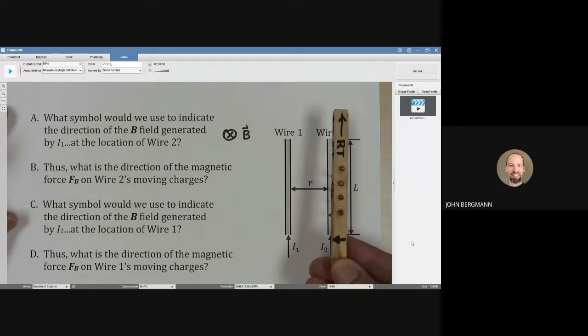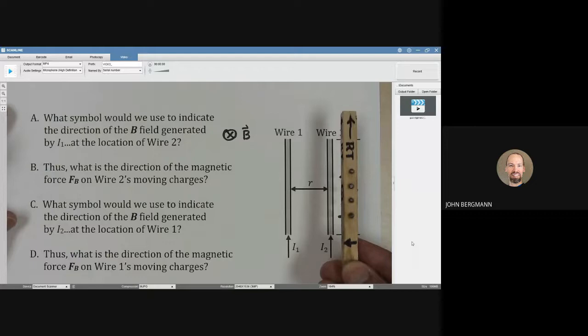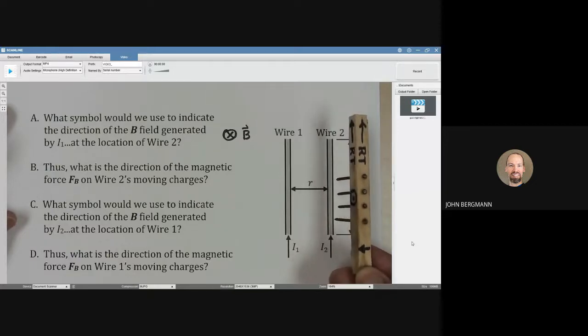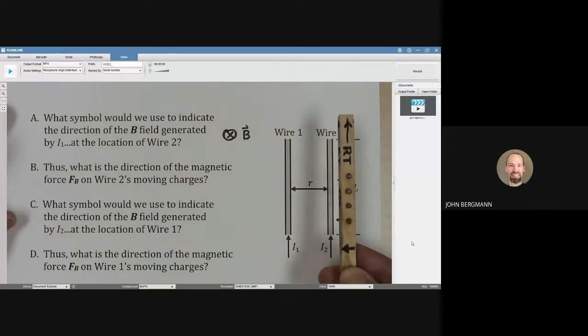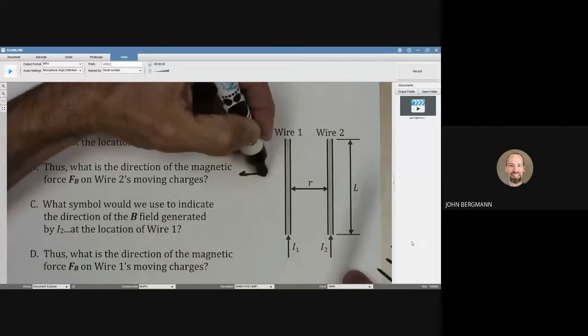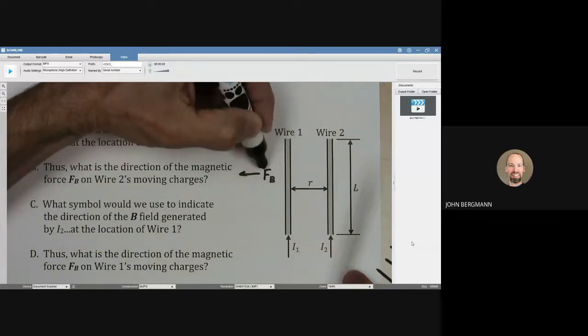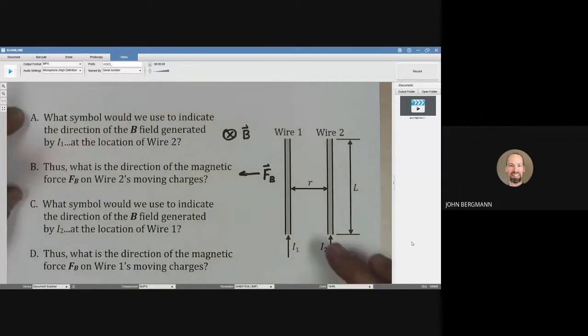We're using our pat right-hand rule now, where our thumb, you can see, is pointing in the direction of I2. Our fingers, indicated by the nails, are pointing into the page, as we just figured out in letter A. And which way will there be a force? Right down here in the lower right, you can see I've drawn an arrow there. The force is going to be to the left. There'll be a magnetic force in that direction on those charges.